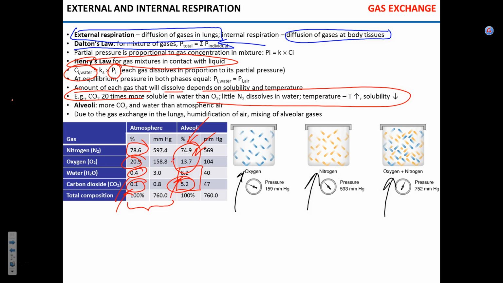This is what I mean by higher. Not that CO2 is higher than oxygen. Now I understand where this confusion came from. Not that it's higher than oxygen, but compared to the atmospheric air. Sorry about that. I didn't realize. Okay? We good? Understood?